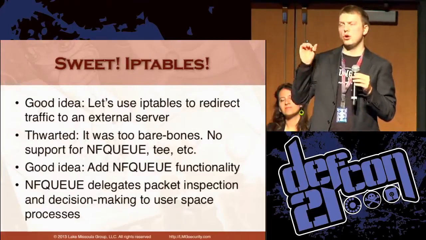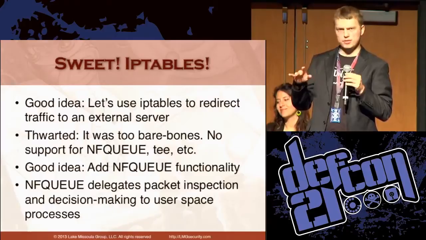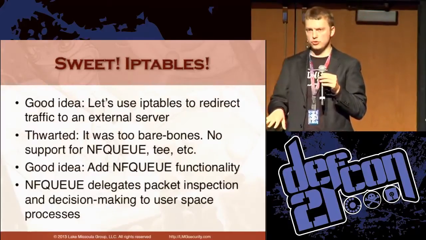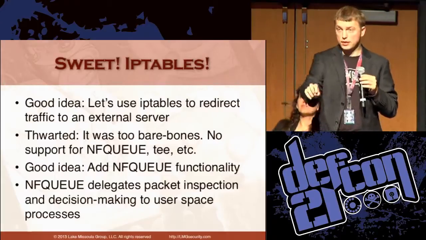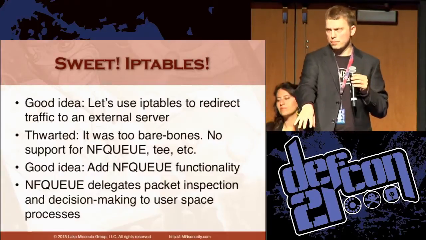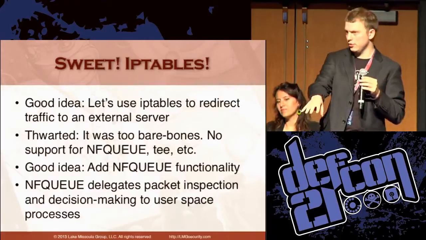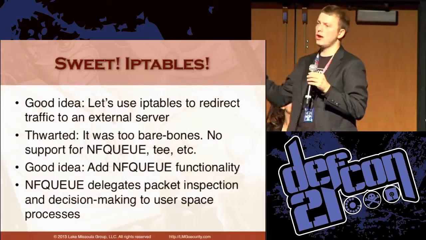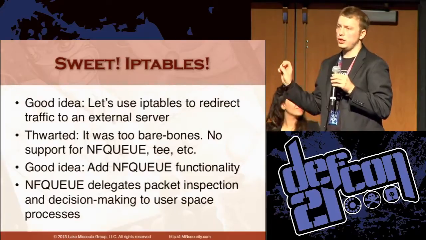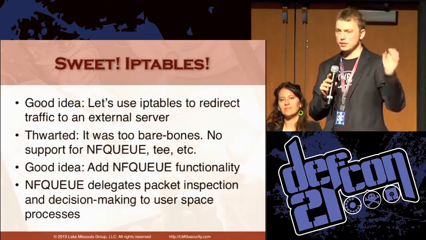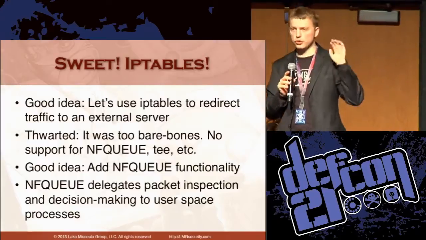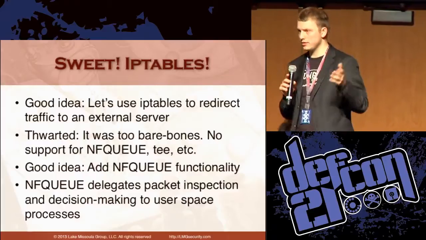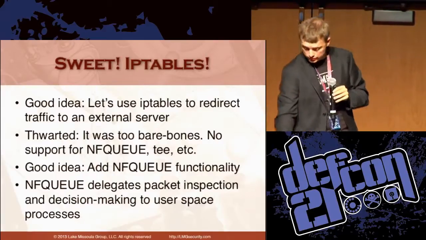So the OMAP, I think it's L137 development board, uses the same version of MontaVista Linux as this does. The chipset in here is actually an OMAP 1710, which is a very similar Texas Instruments related board. So if you go to the TI website, you can grab the toolchain for MontaVista Linux. We used that to then build the kernel modules for NFQ and all of its dependencies like conntrack and such. So we got all those binaries.